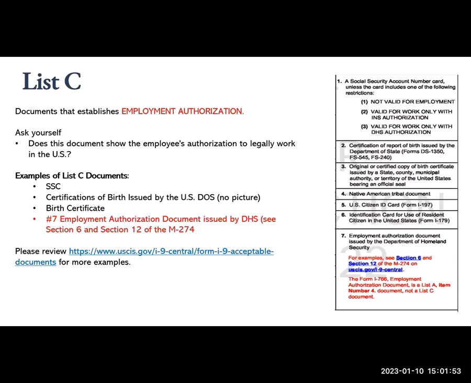So Social Security card, certifications of birth issued abroad. You may be seeing some of those too. Again, I-9 Central has some pictures of the certificate. And then again, this number 7, which is employment authorization documents issued by DHS that are not mentioned anywhere, but can also serve as a List C document.